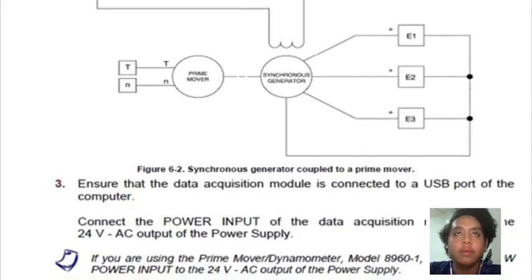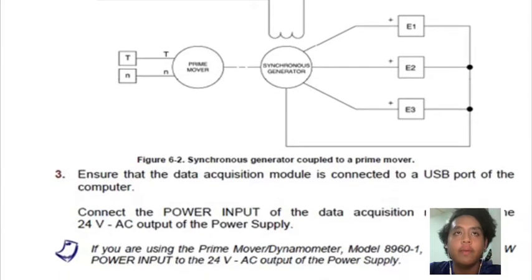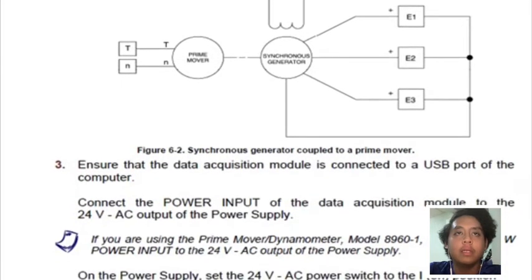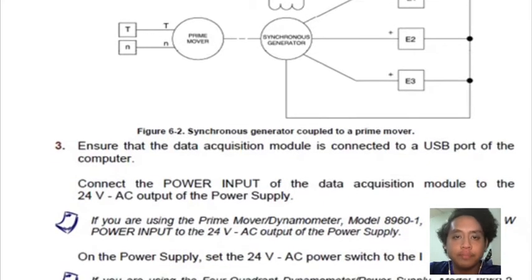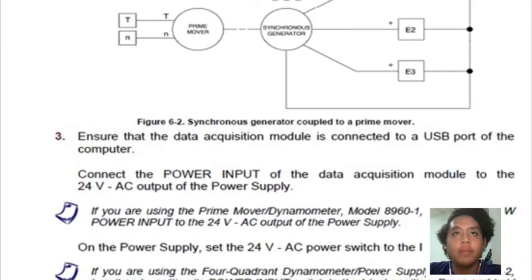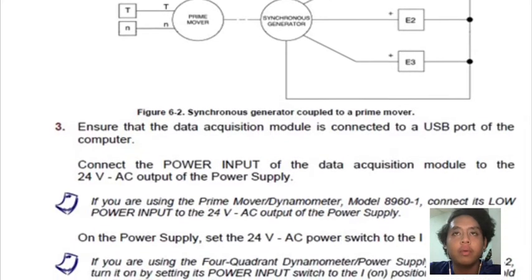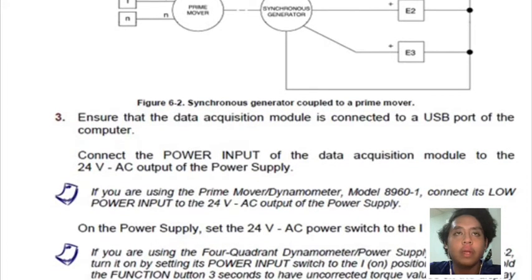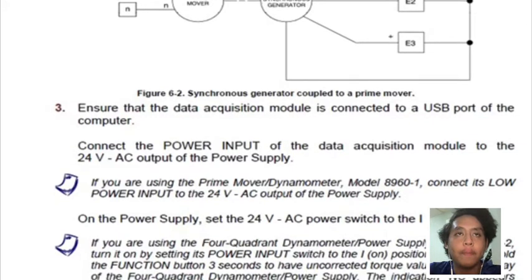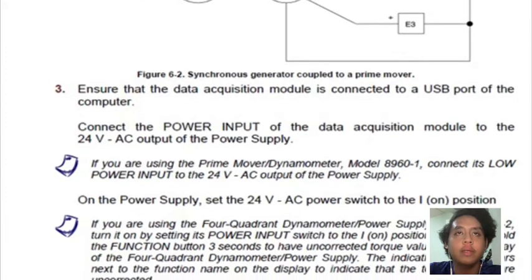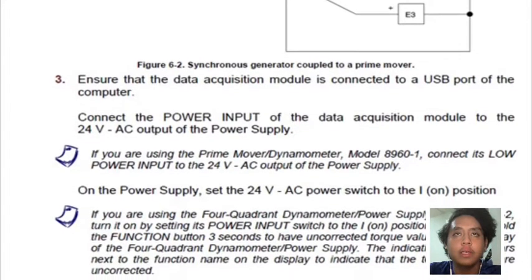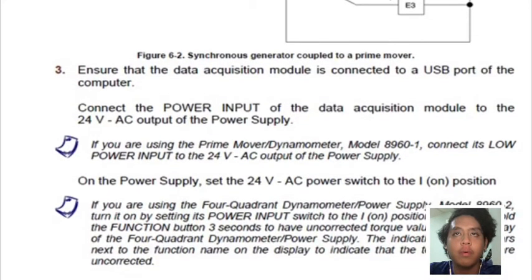Okay, after we refer to the figure, we have to ensure that the data module is connected to a USB port of the computer. Connect the power input of the data module to the 24 volt AC output of the power supply. After that, on the power supply, set the 24 volt AC power switch to the on position.